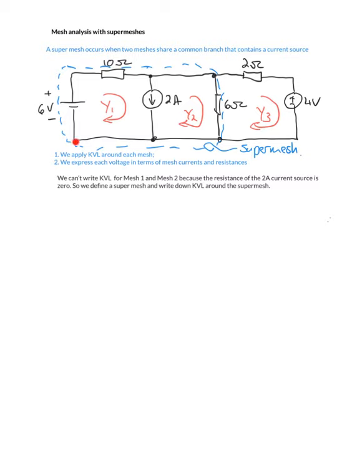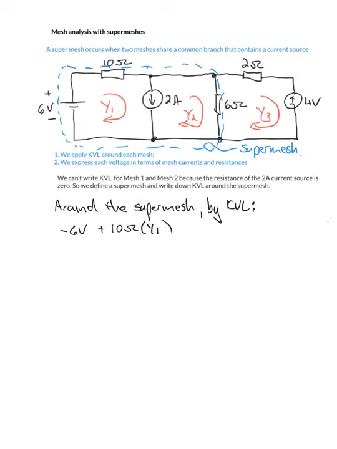So starting at this point and working our way around the supermesh in this direction, by Kirchhoff's voltage law, we have minus 6 volts plus 10 ohms times Y1 plus 6 ohms times (Y2 minus Y3).